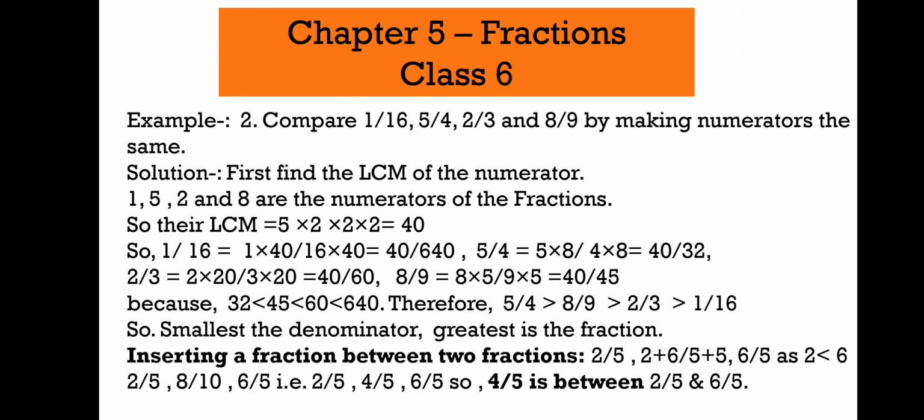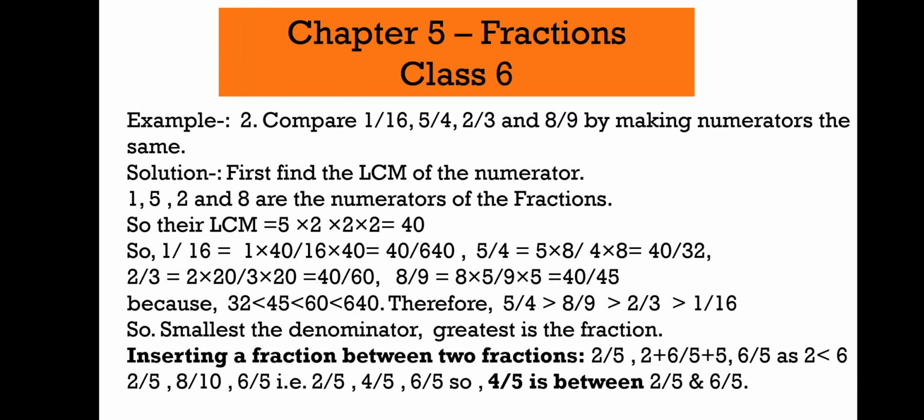So their LCM is 5 into 2 into 2 into 2, that is 40. Now 1 upon 16, when you want to make 40 in its numerator, we have to multiply it by 40, because 1 multiplied by 40 gives you 40. And thus 16 also has to be multiplied by 40. So you get 40 upon 640. 5 upon 4.